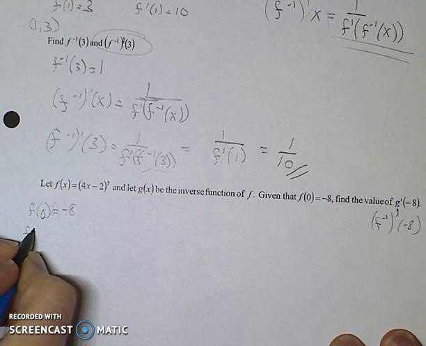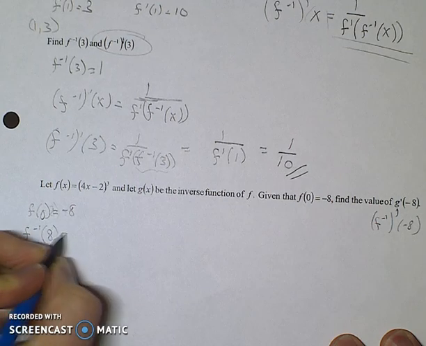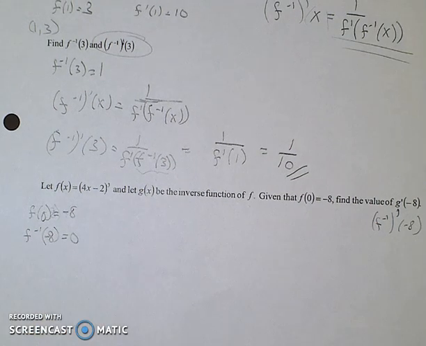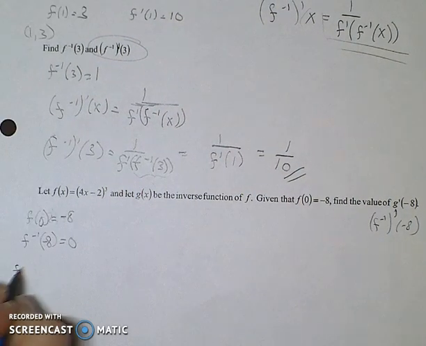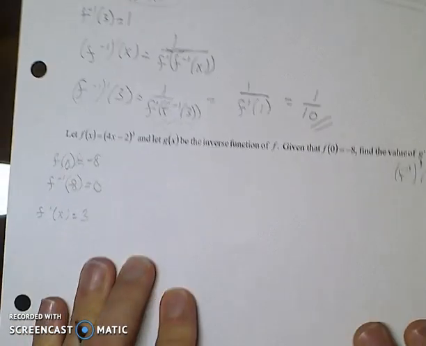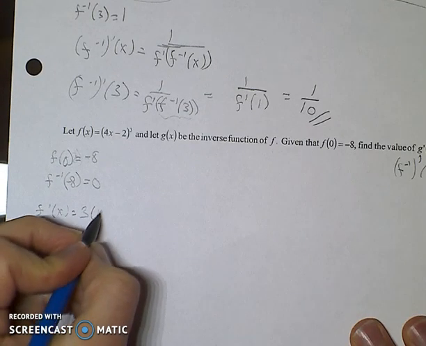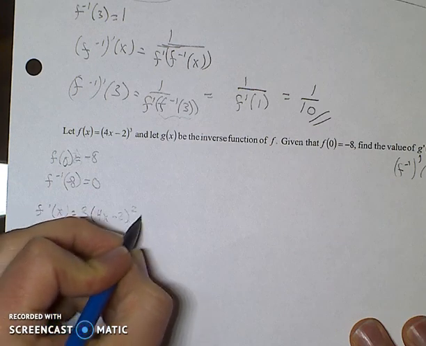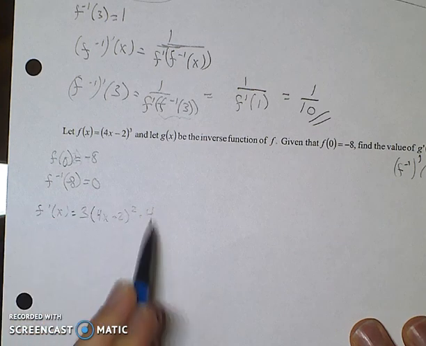So then we also know that f inverse of negative 8 is 0. That's just the inverse. We know that f prime of x equals 3 times (4x minus 2) squared times 4, the derivative of the outside times the inside.